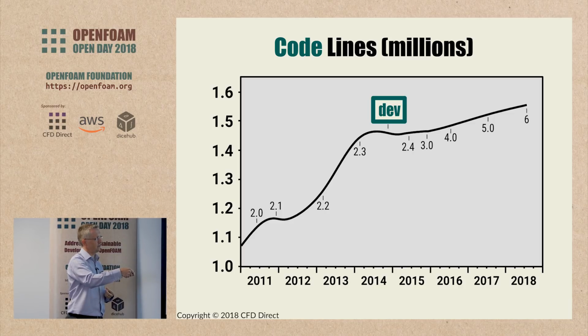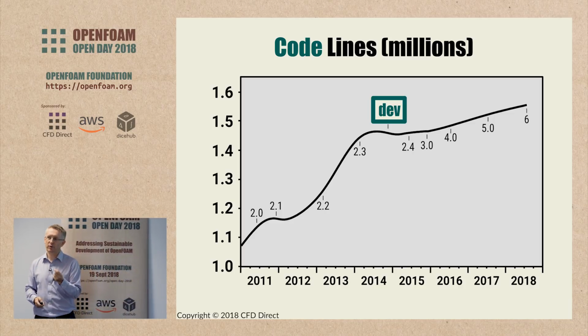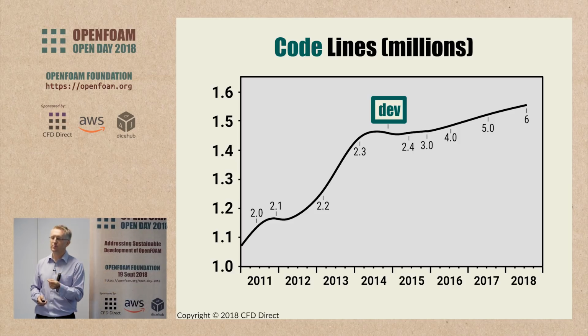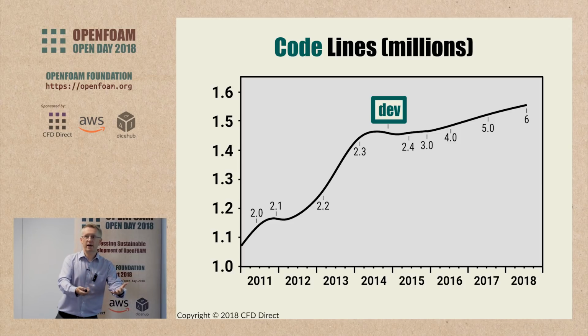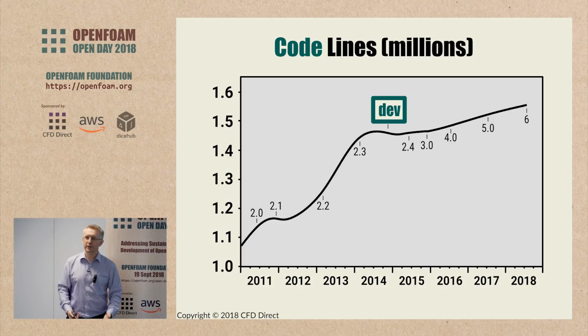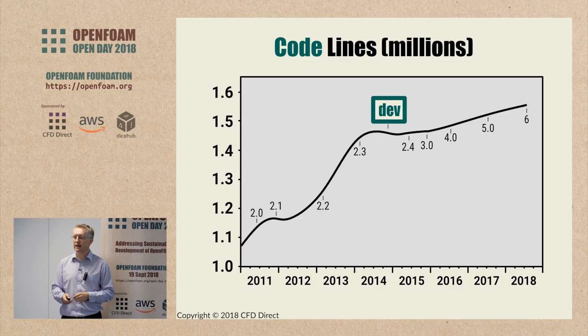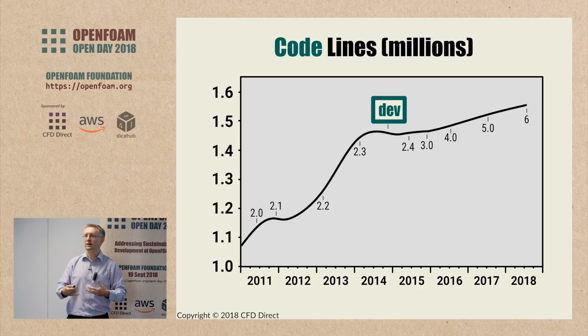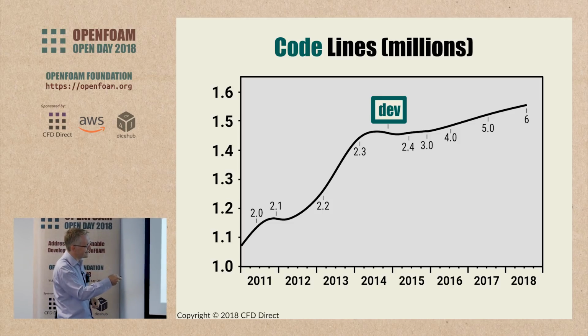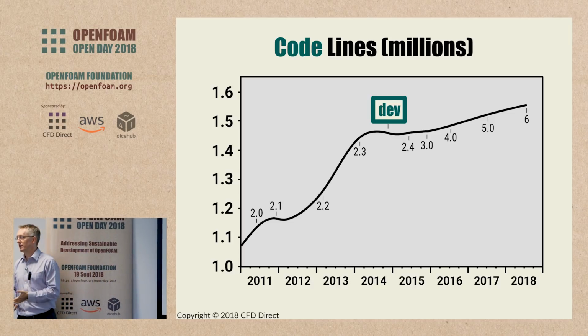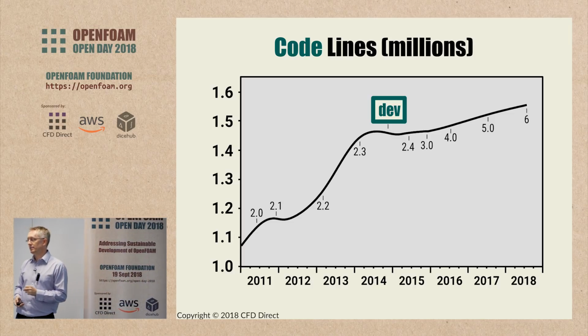In this one, the number of code lines at some point looks almost like it's increasing exponentially. And I think Henry would argue that's because code is being duplicated, and when any functionality gets added, the code just gets bigger and bigger and bigger, and there's never any redesign to consolidate the code. If you look in the CFD Direct era, we get a straight line.